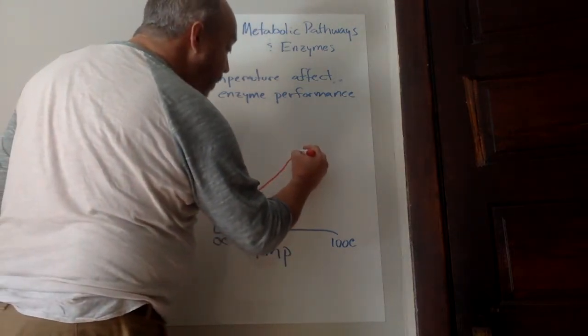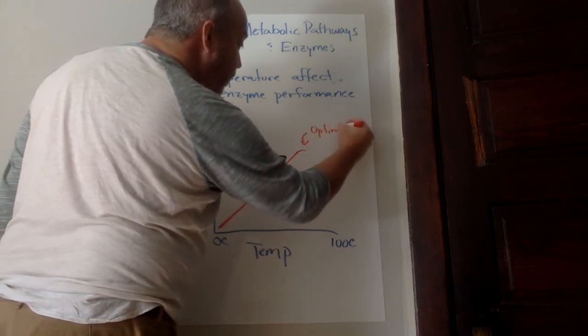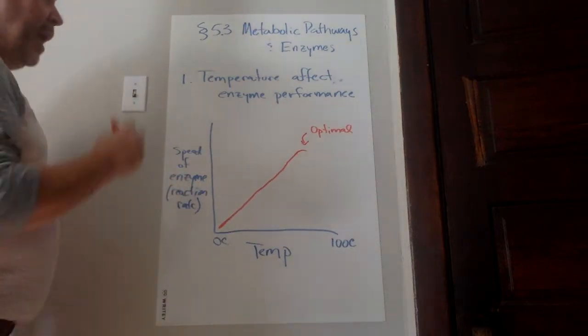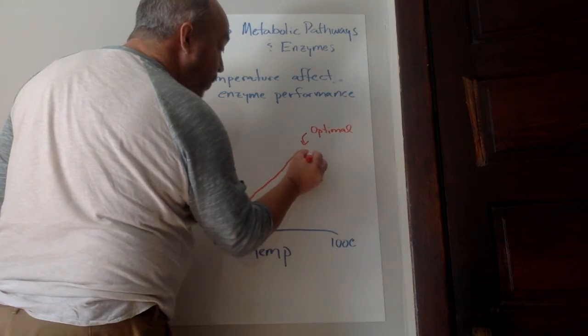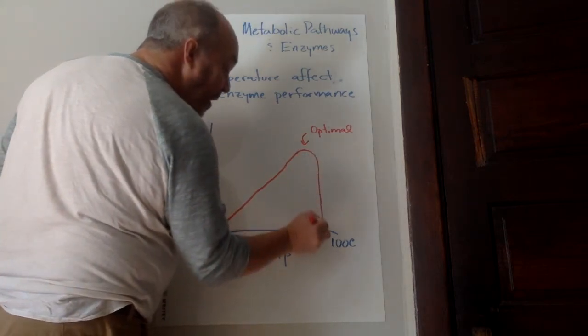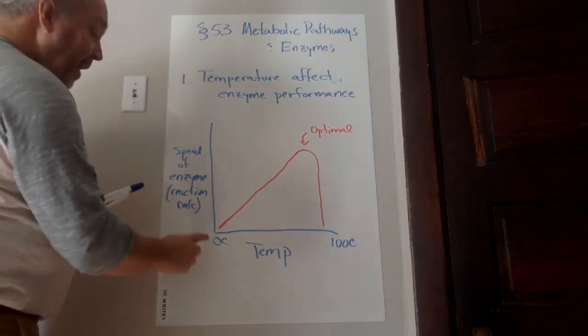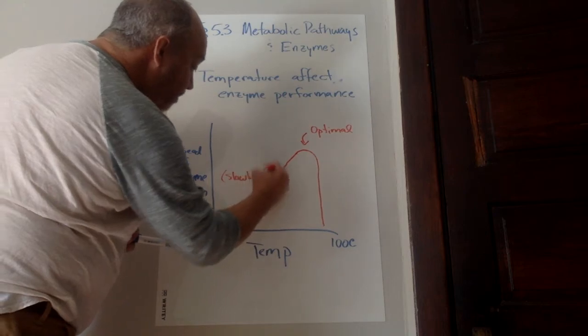It will, however, meet some optimal point. And this would be the optimal temperature. If you go beyond the optimal temperature, you're going to notice that the rate of the reaction drops off like a steep cliff. So when enzymes are cold, they just work slowly.